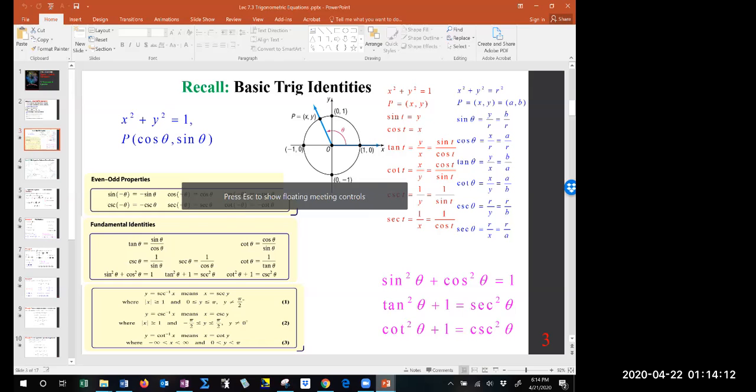Again, going over some of the old stuff, a lot of identities that we have dealt with. Hopefully we remember them. It is extremely essential that we be comfortable with those to move on.